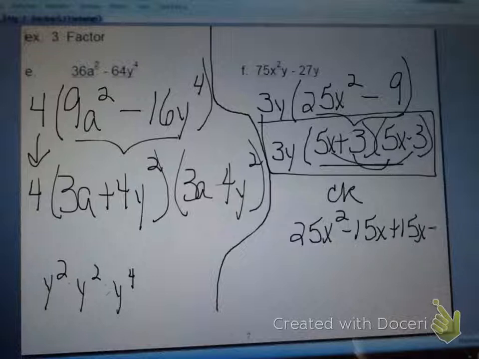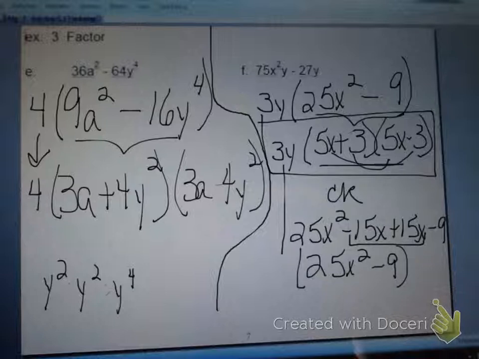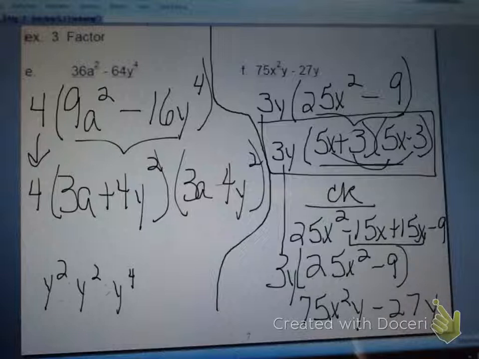And my last is a negative 9. Combine my two middle terms, which go away. Bring down the minus 9. Now, don't forget, I now have to bring down the 3y, and now I'm going to do the distributive property. And I get 75x squared y minus 27y, which is the original problem, so I know that I factored correctly.